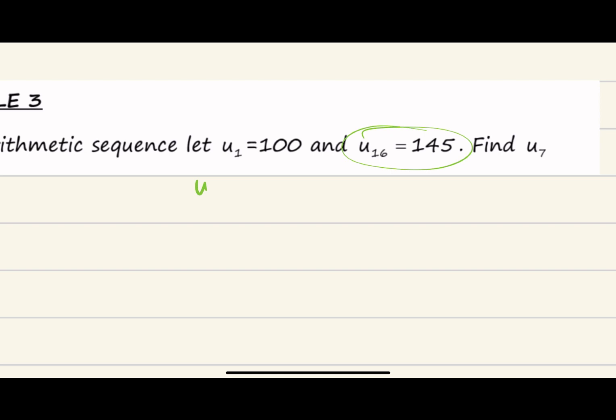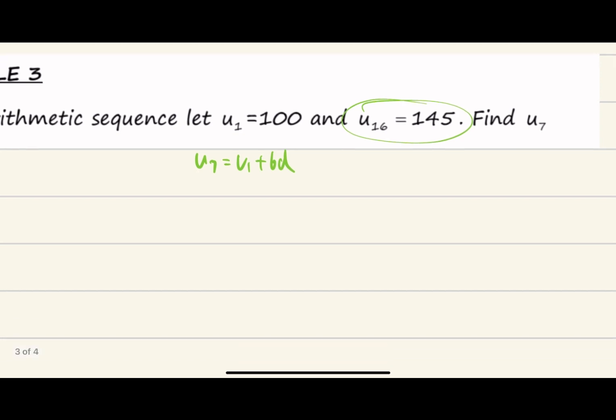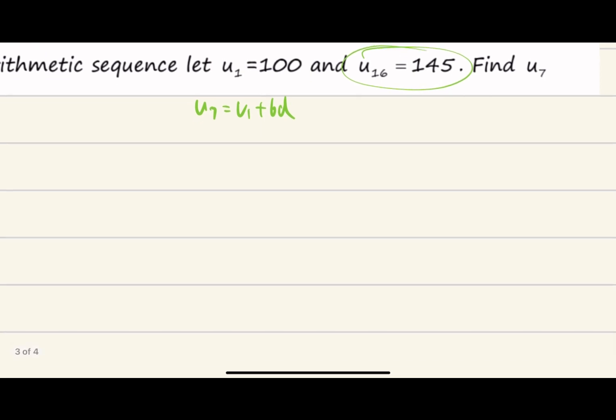So u7 equals to u1 plus 6d. So we know u1, but we don't know d. So we're going to use the information provided previously to find the value of d, of course. So u16 equals to u1 plus 15d. Okay, so now great. One unknown, one equation.